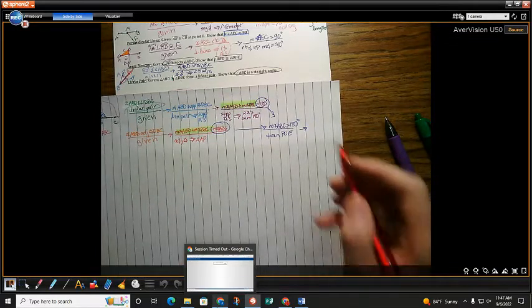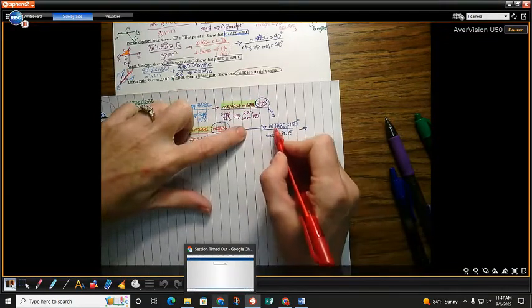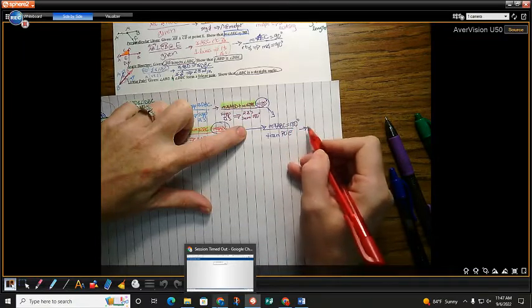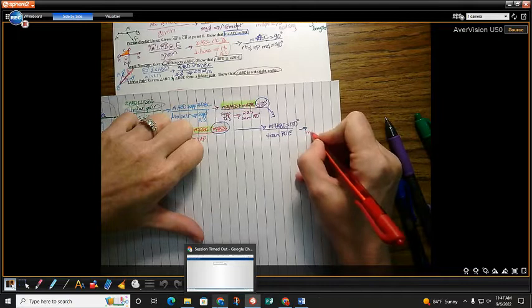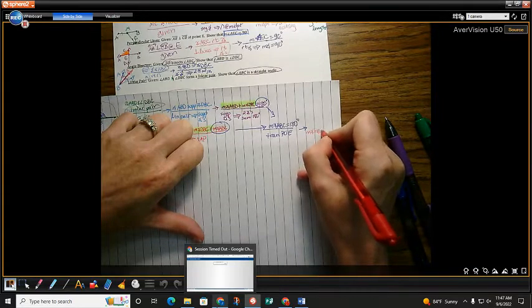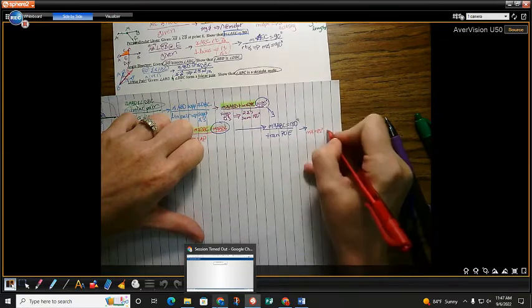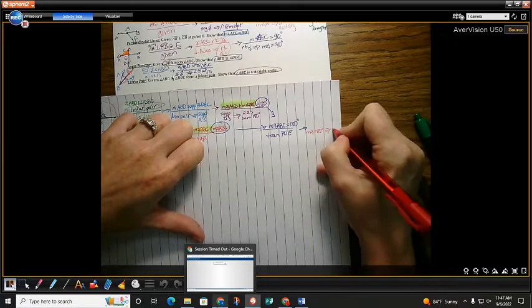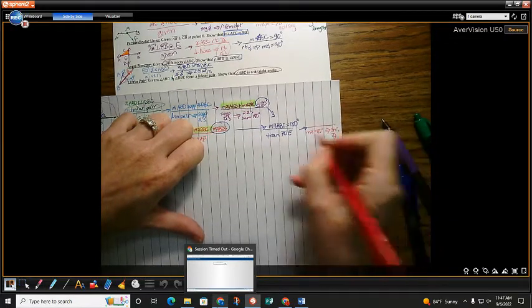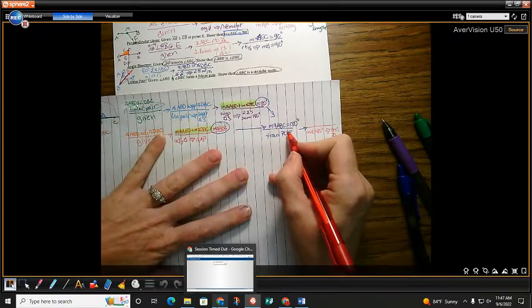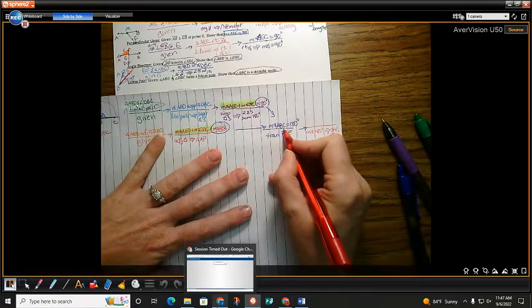Now that I have the measure of angle ABC equals 180, where can I go from the measure of an angle equaling 180 degrees? What does that imply? A straight angle. What angle will be the straight angle? ABC.